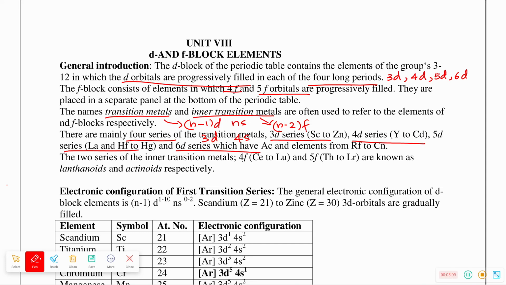And the inner transition elements, that is lanthanoids and actinoids, are 4F series, 5F series. 4F series elements are cerium to lutetium, and 5F are thorium to lawrencium. They are called lanthanoids and actinoids respectively. So it is clear. Okay.